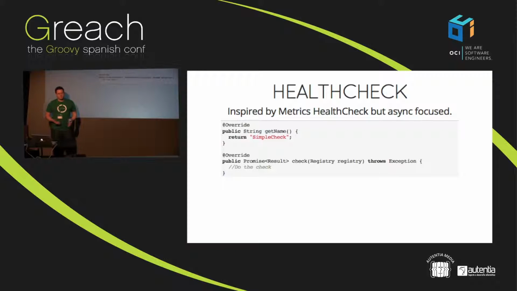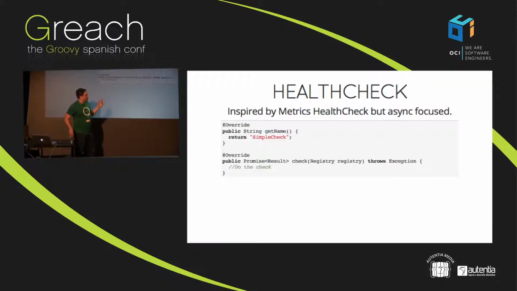The main difference between our health check and the health check of Dropwizard Metrics is that all of ours return a promise, so we expect them to be done asynchronously so that we're not blocking a thread trying to return the handler. And this is a really great mechanism for checking different data stores or for doing known dependency checks.